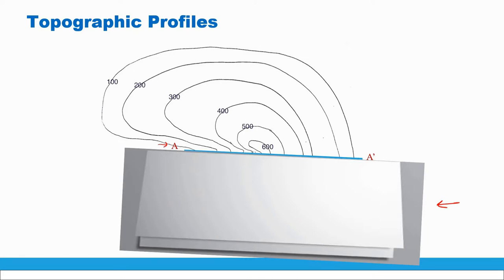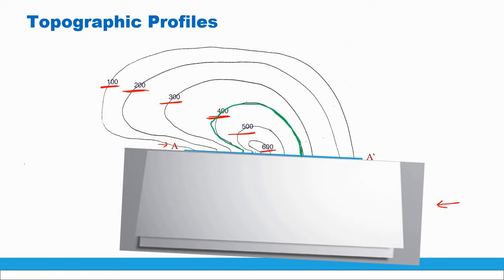As you can see here from the topography that we have these contour lines, the elevation of each contour line is given. The elevation of this contour line is 100 meters, 200 meters, 300 meters, 400 meters, 500 meters, 600 meters. And don't forget that, for example, this line here, when you go with it, is the same as this one.